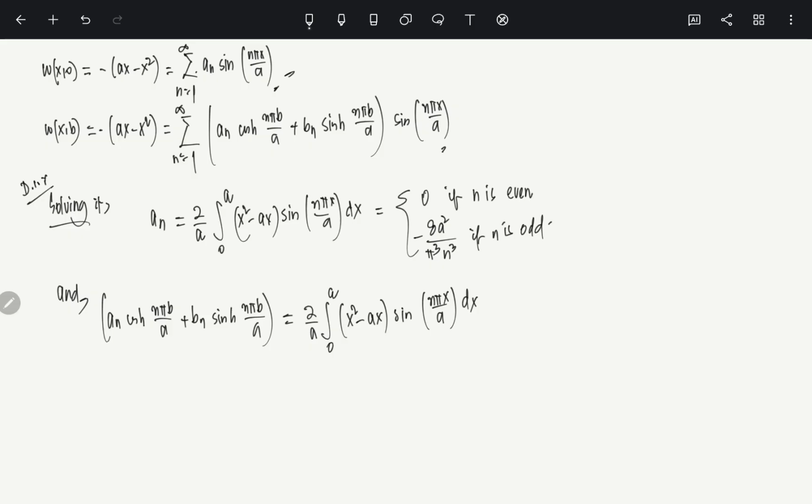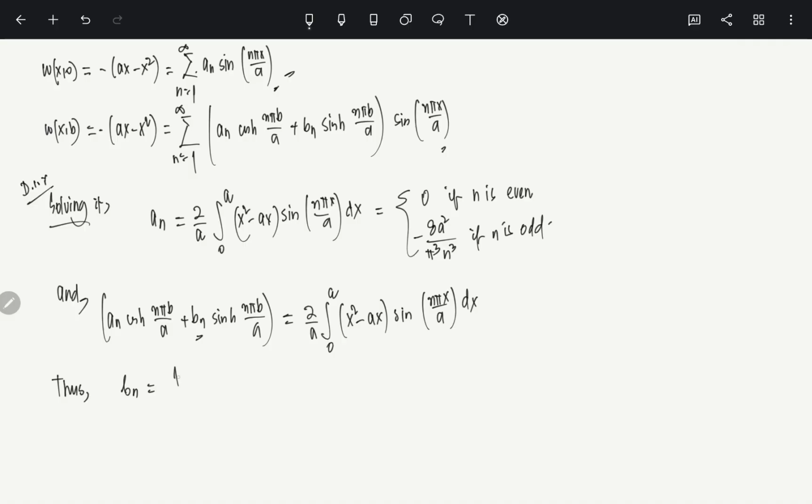So, thus, what is your bn in this case? The an's we already have, the bn's we need to find.